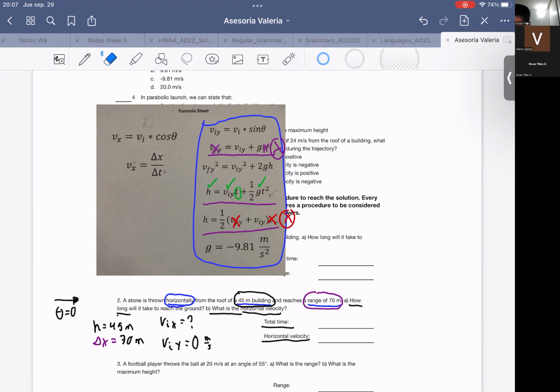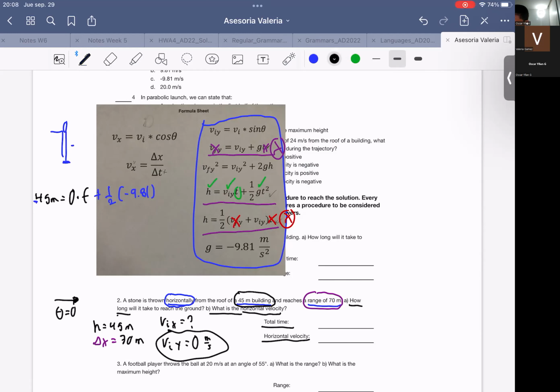Let's replace it. 45 meters equals VIY. What did we say VIY was? 0. 0 times time is going to be 0, right? Okay, plus 1/2 of g. Well, remember that this is negative, because we were talking that we started from 0, and when we fall, this distance is negative.